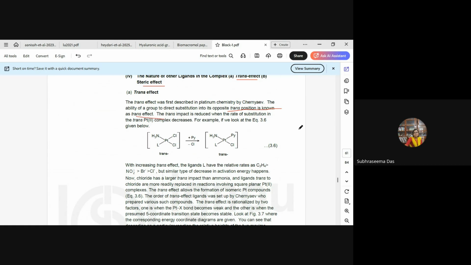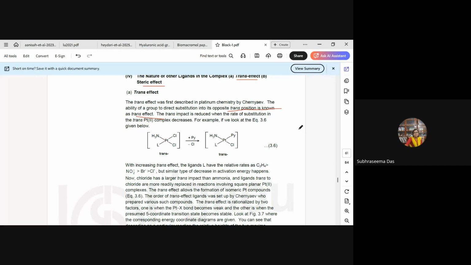So here this means that there is one group which is present and it will always direct the incoming ligand into its opposite transposition. So the trans effect is reduced when the rate of substitution in the trans Pt2 complex decreases.